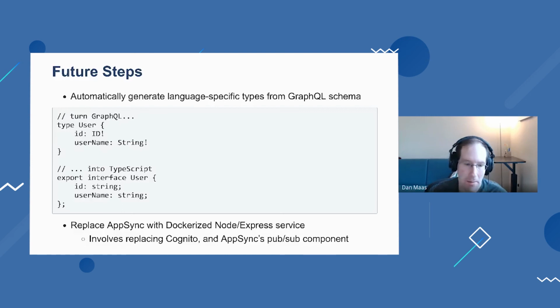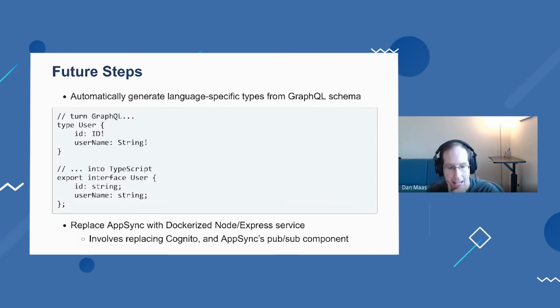And so my plan is I'm going to be replacing it with a sort of bare metal service where we'll probably use the Apollo Server libraries running inside of a Node.js Express HTTP server, and then just run that in a Docker container and use that instead of the AppSync plus Lambda setup that we've got now. That's mainly about reducing latency, also about reducing cost. And I think we'll be happier with that solution down the road.